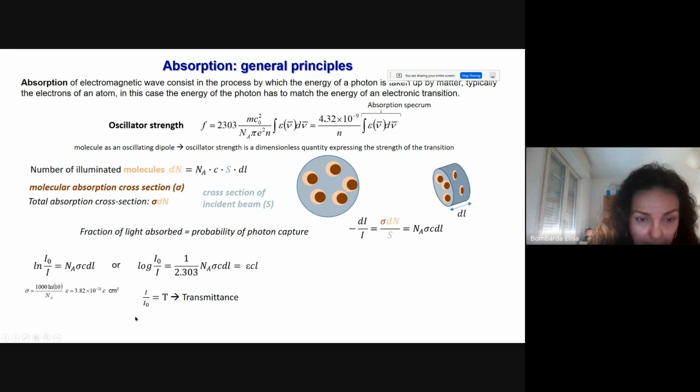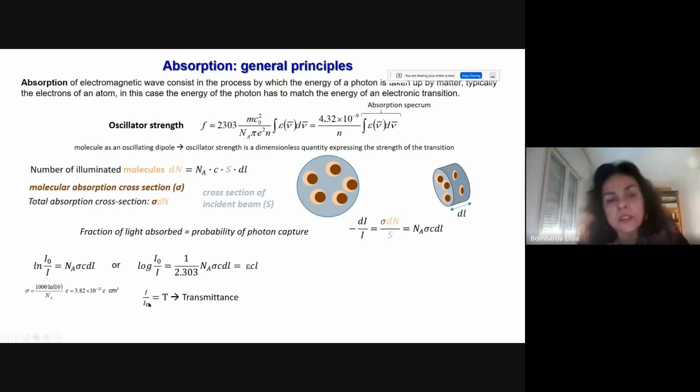And so this ratio, where E is the light that goes through, and E0 is the light that was sent to our sample, is the transmittance.